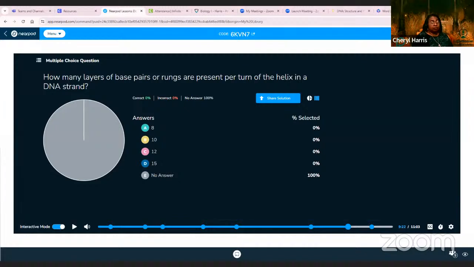All right, and that's real technical information, but what did she say? In other words, there's a pattern to the way that it twists, and it's going to keep repeating the same twist every so many base pairs.